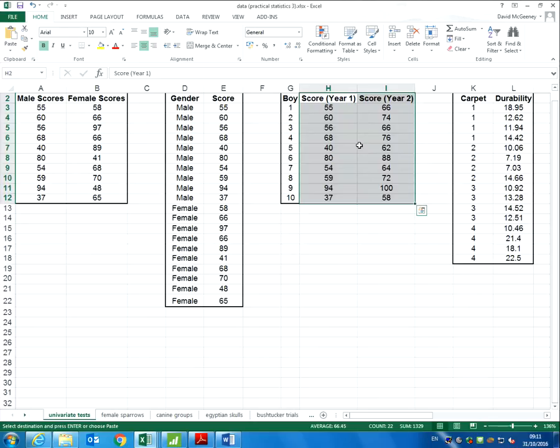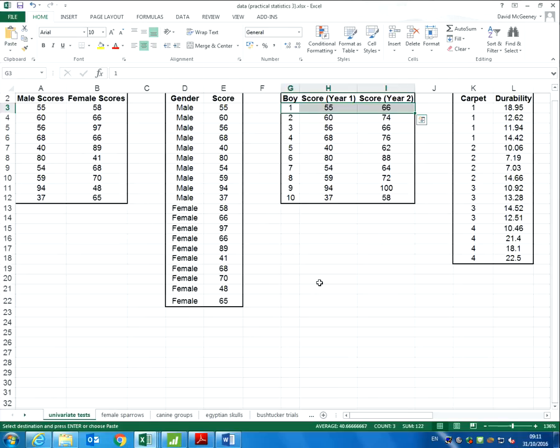Okay, why do we say that these samples here that I've highlighted, why are they paired? They're paired because the cells I've highlighted here, okay, these 2 values, they relate to the same child, the same boy. Would you all agree? Okay, that's boy 1 scores in year 1 and year 2.